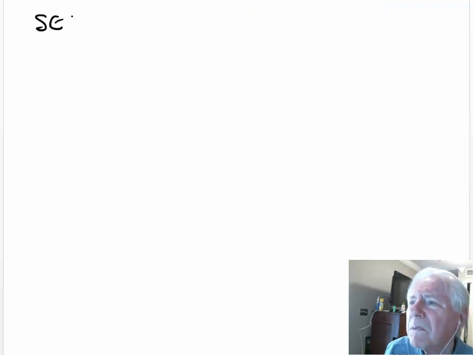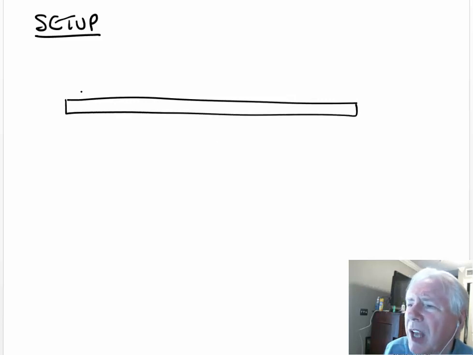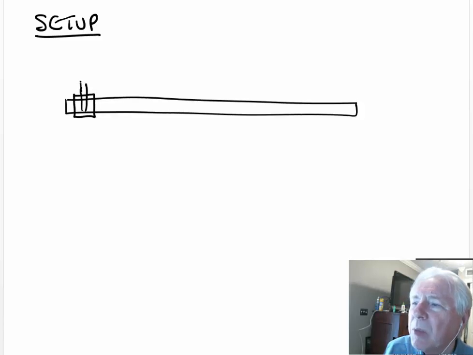Let's go to the setup. So we have an optical bench, and we're going to have little stands, little plastic clips, and then we have a light source.